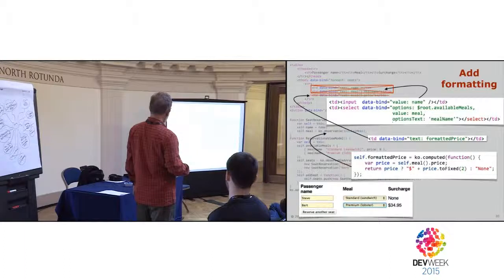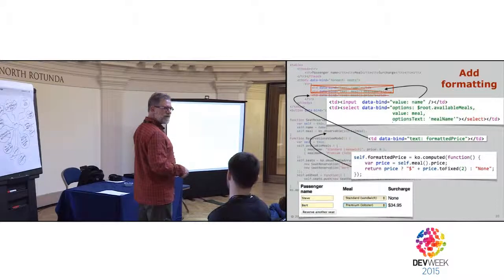So the contents of this column now is going to be generated dynamically in the code by calling this formatted price method. Everyone see what I'm doing? This is a text binding, which is binding a formatted price, which is a computed function.